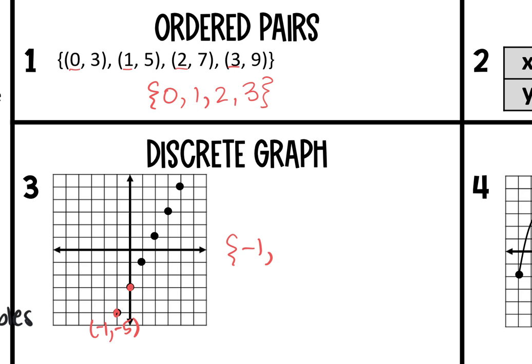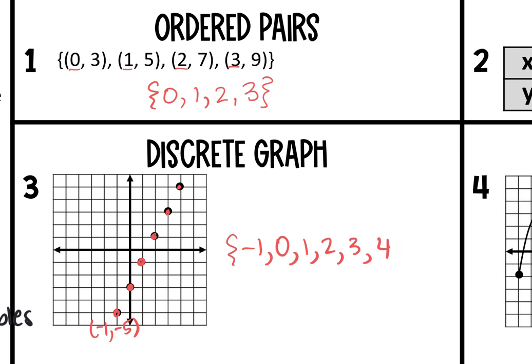This point has an x value of 0. This point has that x value of 1. And then this one has an x value of 2. This point has an x value of 3. And then that last point, its x value is 4.